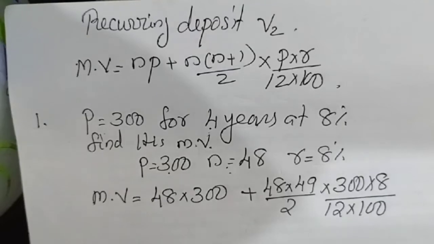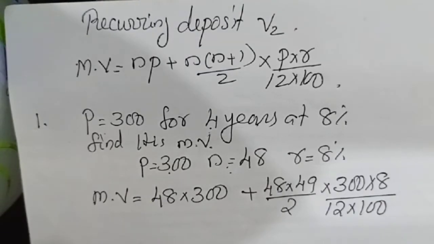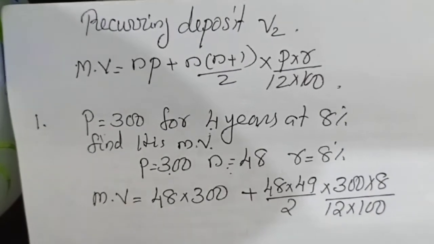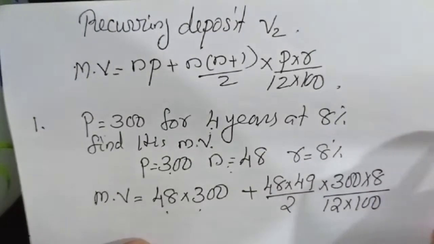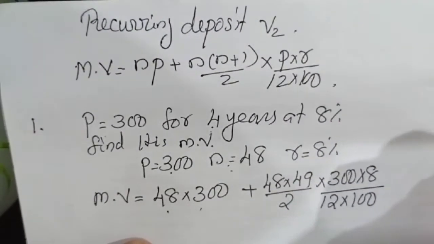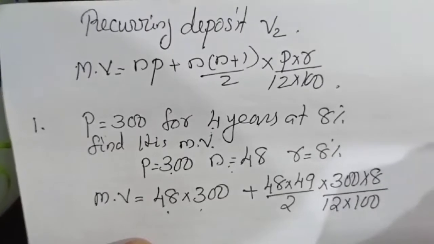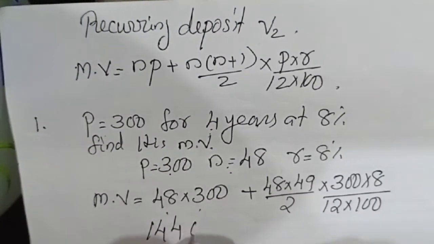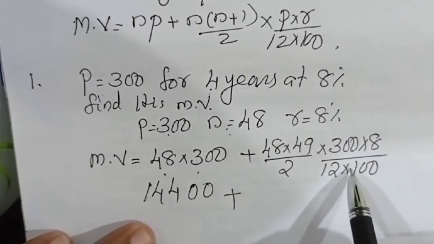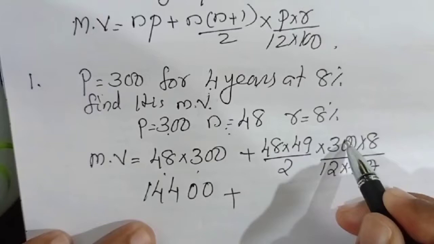Write the answer. What is 48 into 300? 48 into 3? 144,000. Plus, after this calculation, 100 cancel.